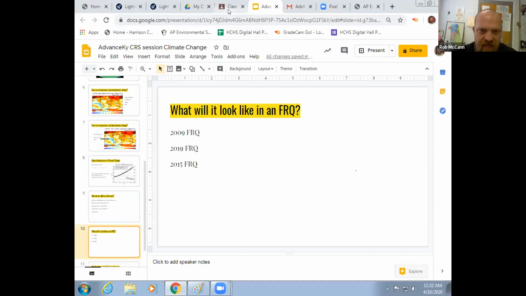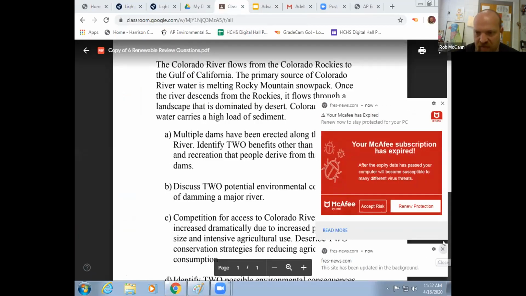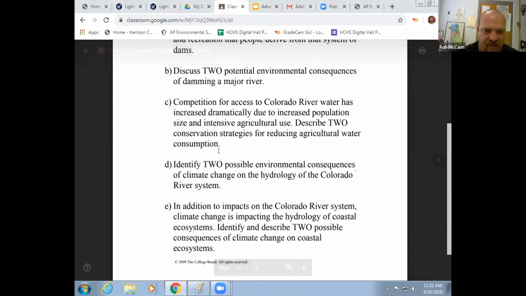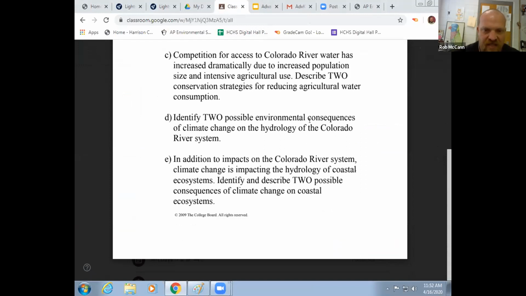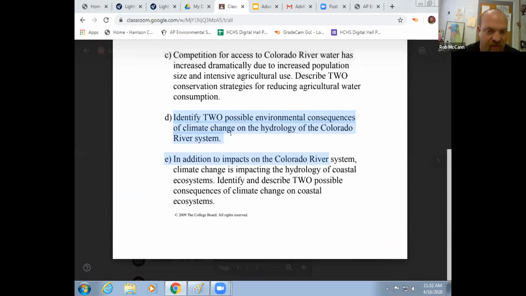Take a look at this Colorado Rockies, okay? If you guys look at this question here, this was from 2009. This is where I told you my students kind of struggle with hydrology, okay? Two possible environmental consequences of climate change. So how would climate change affect the water cycle, so that tells me exactly what to do.